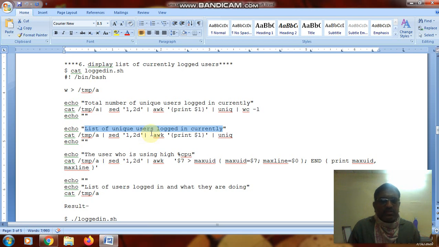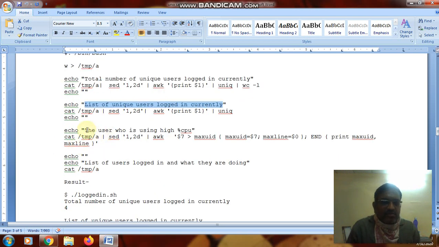For that, only four people are there: A, SED, AWK and unique, but there is no word count here. I think word count is operated by somebody, so that is the reason word count may not be displayed here.